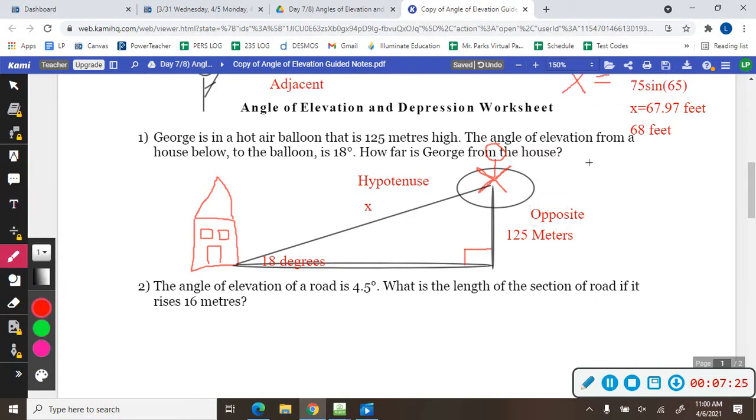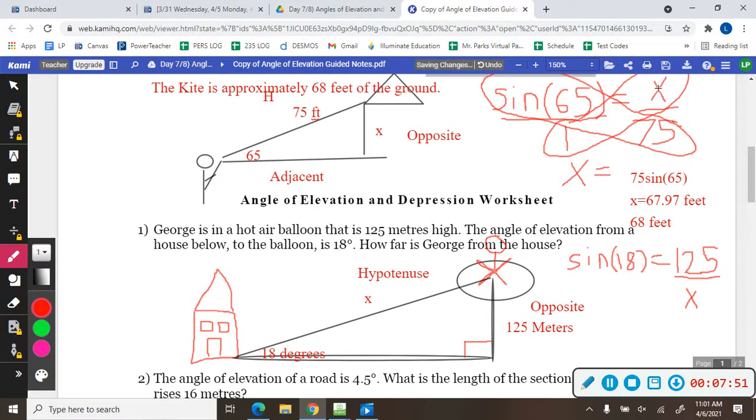I'm going to say the sine of 18 is equal to opposite, 125, over hypotenuse, which is x. Notice here my x was on top.